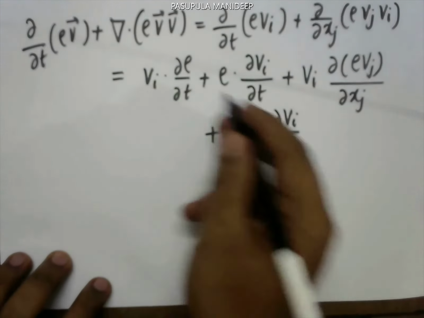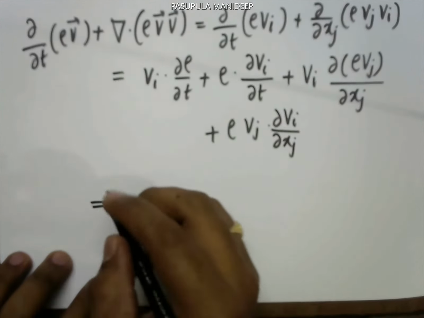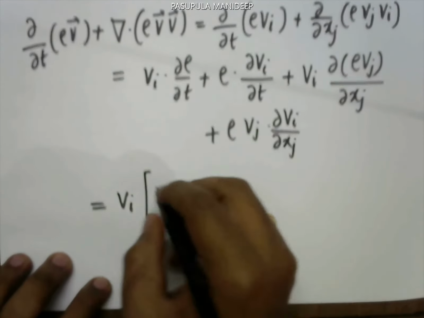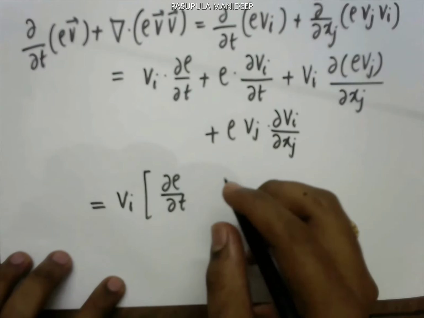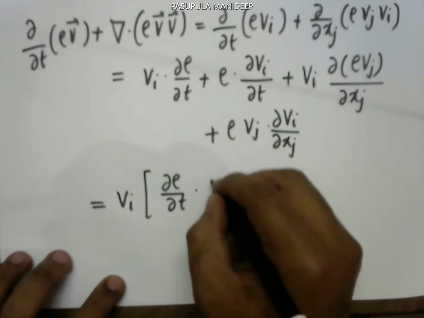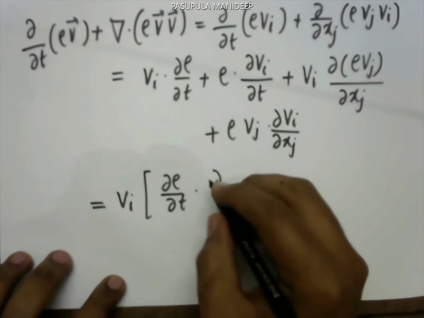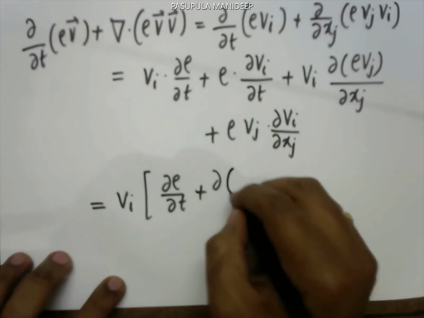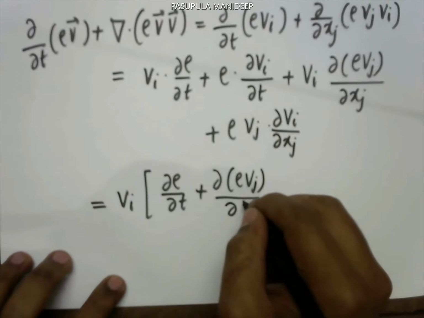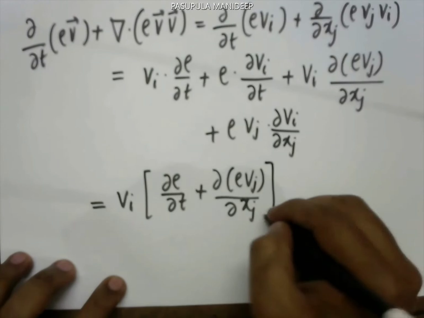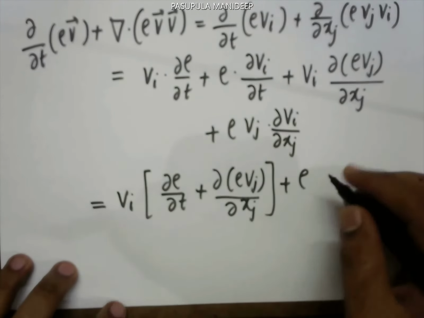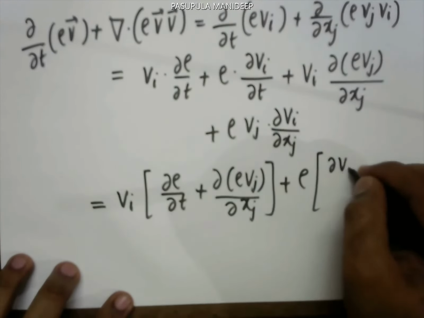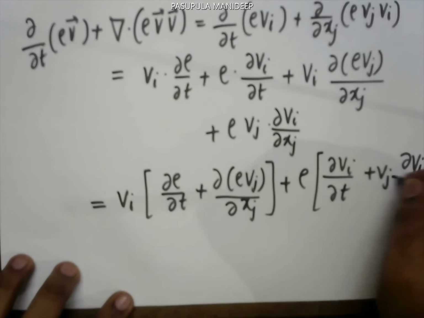So now, we can rewrite this whole equation as vi of del rho by del t plus del rho vj by del xj, plus rho into del vi by del t plus vj del vi by del xj.